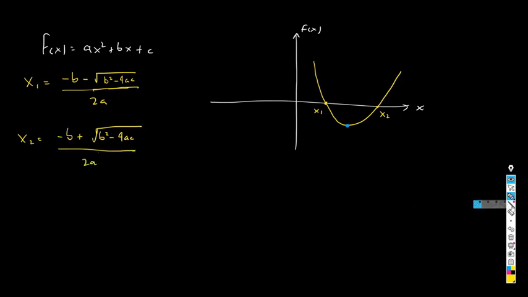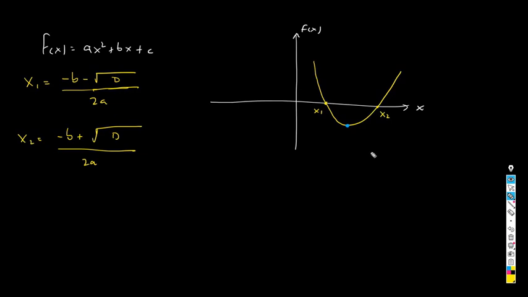Now, for simplicity reasons, I'm going to just call this D for discriminant. You remember, this thing was called the discriminant, all that expression. Okay, so x1 is equal to all of this and x2 is equal to all of this. Okay, and those are these two numbers.